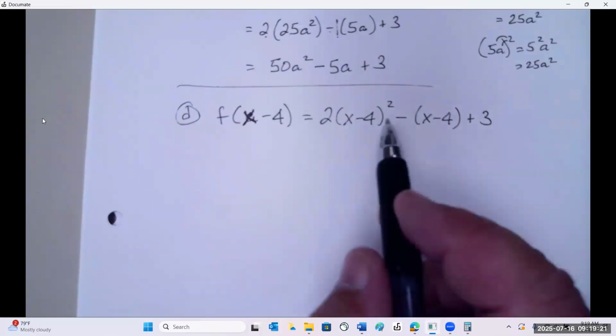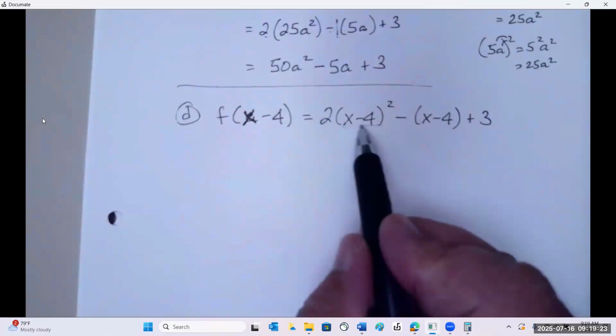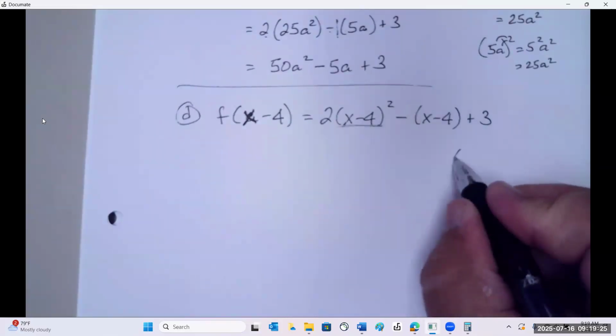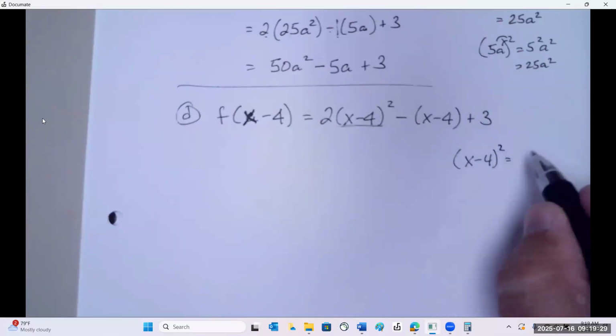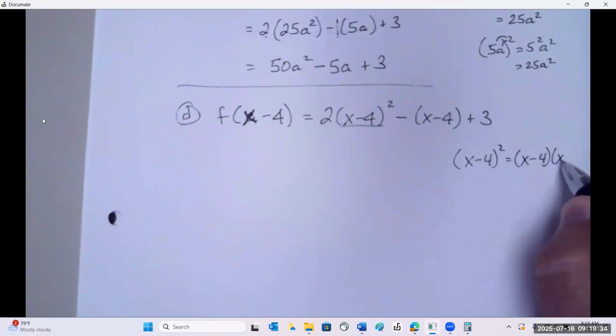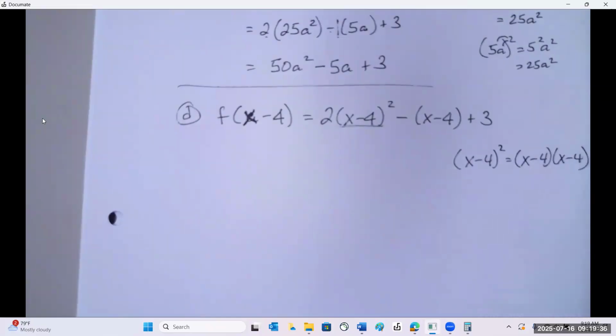Special operations: is there any exponents? Yes, right here. So we have to do x minus 4 squared first. What that means is x minus 4 times x minus 4.